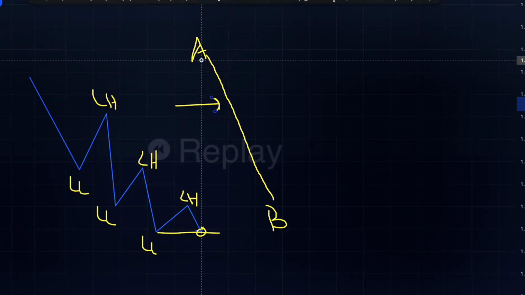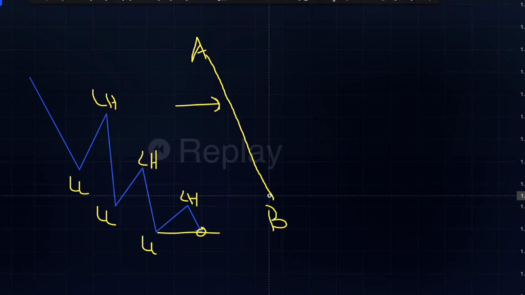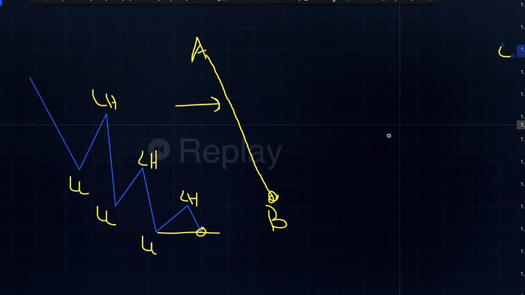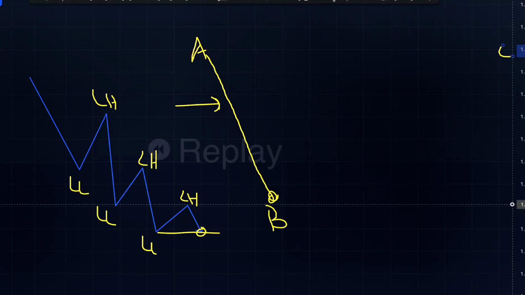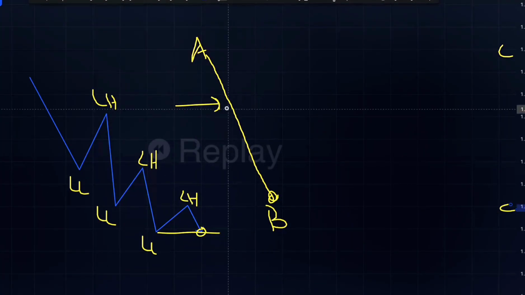Look at this movement. This is a big movement. This is a big boy. He moved the market from this price to this price. This is a big move. And look at the speed of the move and how long it took to move from point A to point B.